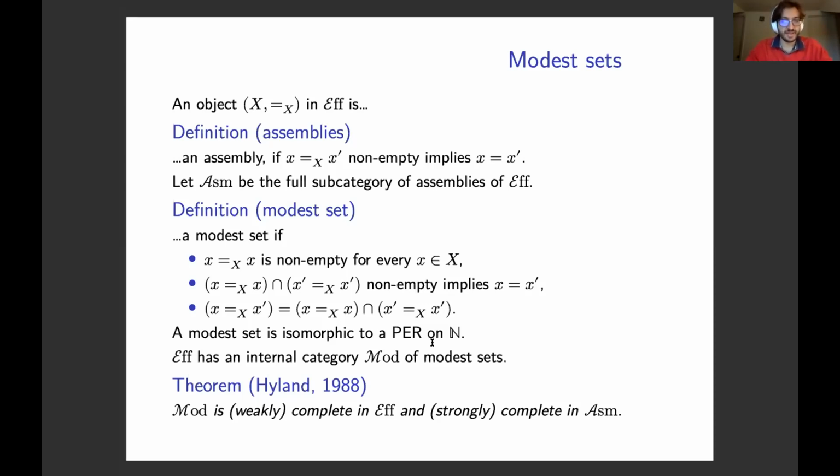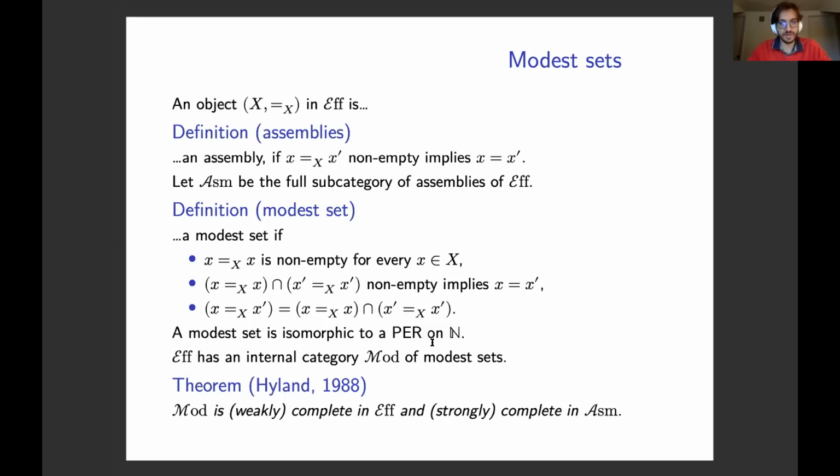And actually, this internal category of model sets also lives in the category of assemblies. So it is a classical result of Hyland that the category of model sets is weakly complete in the effective topos and strongly complete in the category of assemblies.